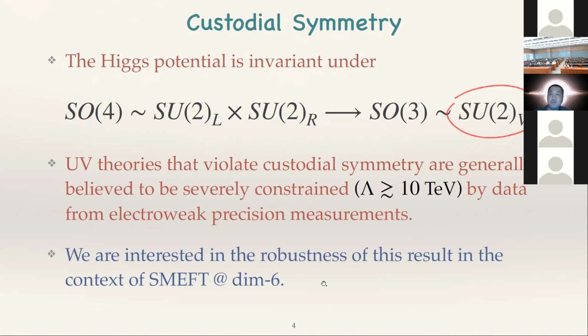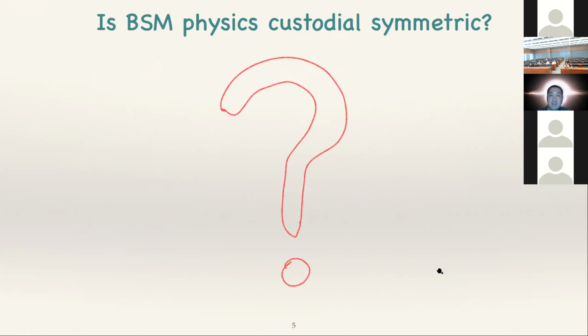My collaborators and I are interested in the robustness of this result in the context of SMEFT. Basically we want to ask the question: is BSM physics custodially symmetric? The folklore says custodial violation must happen at least above 10 TeV or so. Is it true? There is a question mark.